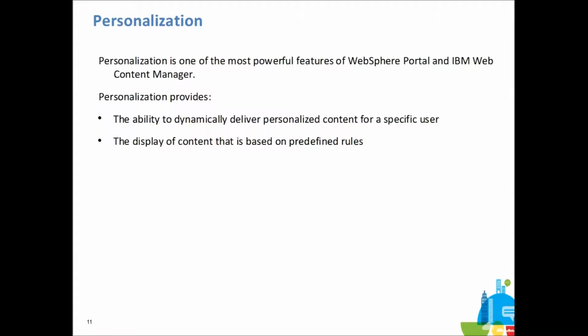Using the personalization component, you can deliver personalized content dynamically for a specific user. The personalization component selects content based on the rules that are defined between user metadata and content metadata. The display of content is based on predefined rules.